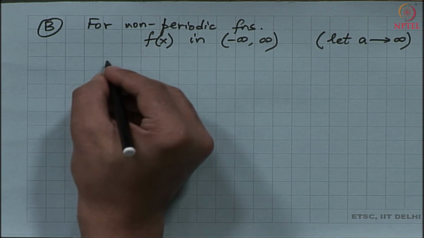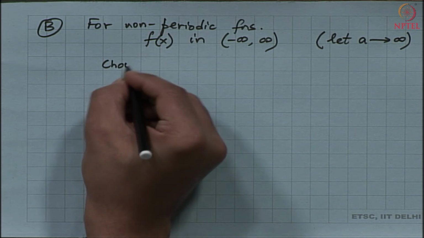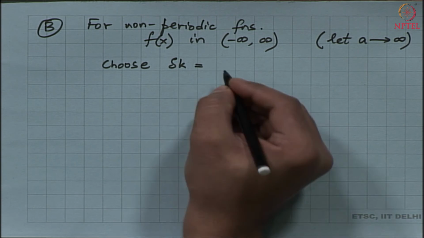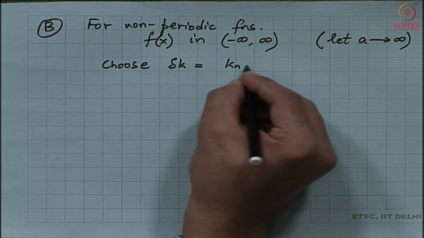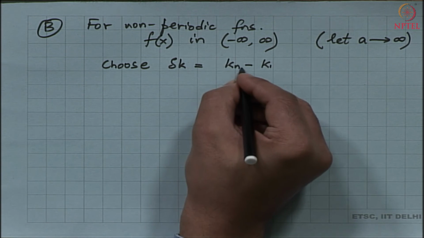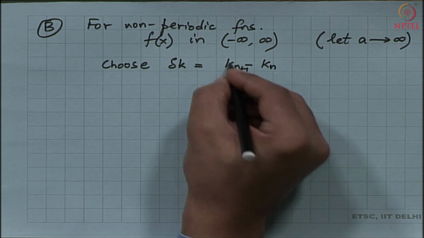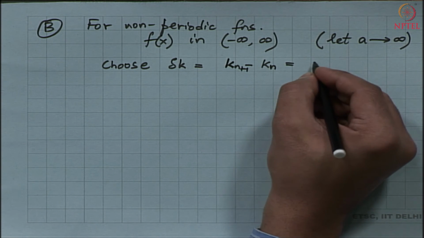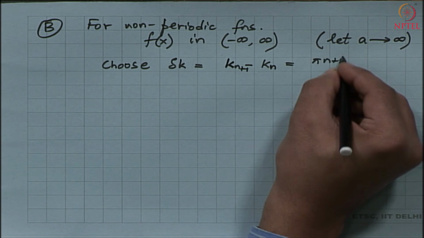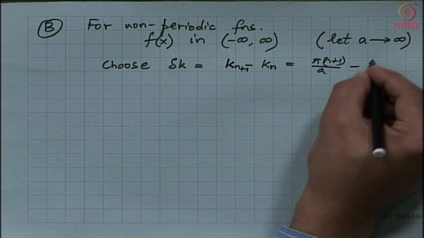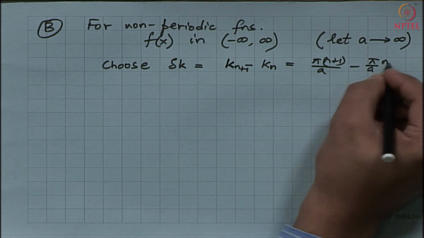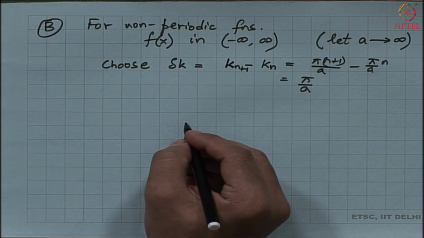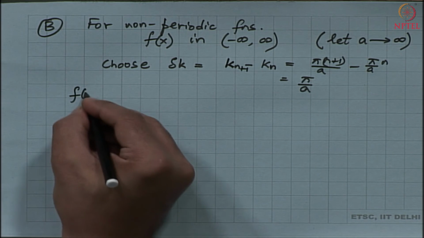Let me just also define another variable called delta k. So, delta k is the difference between k_(n+1) and k_n, and that is equal to pi (n+1) by a minus pi n by a, or this is pi by a.